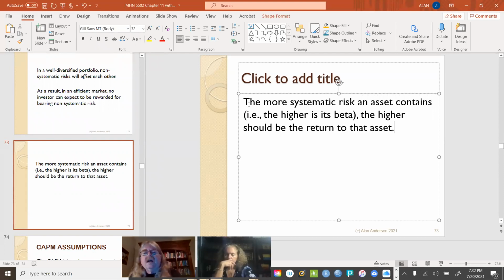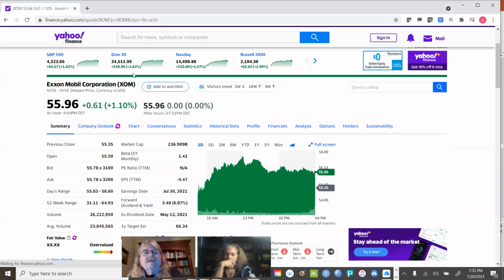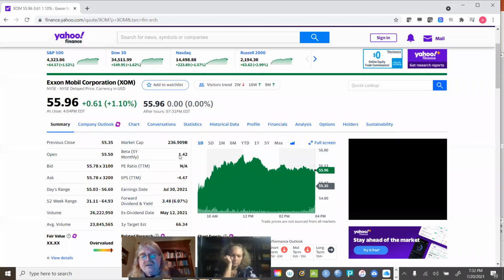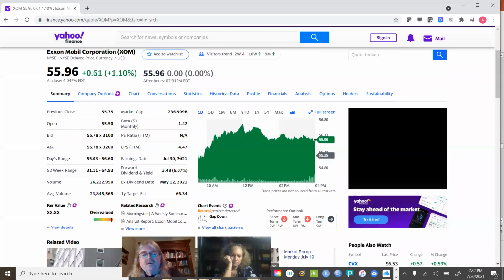So what the model is saying is that you might say, well, I don't want to buy a stock with a high beta because it's exposing me to a lot of systematic risk. But these are the very stocks that will tend to have the highest rates of return. So if you want a high rate of return, you really have to buy stocks that expose you to a significant amount of systematic risk.